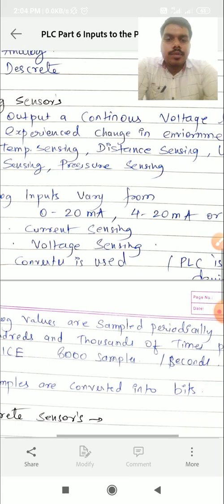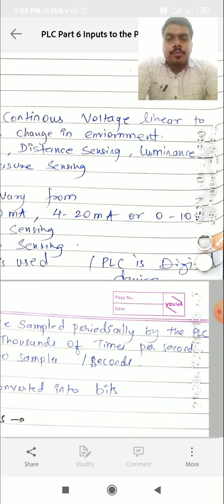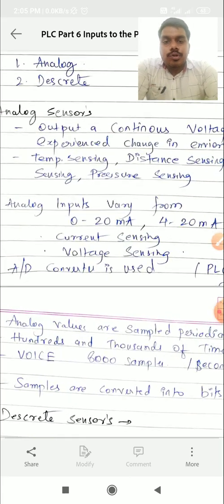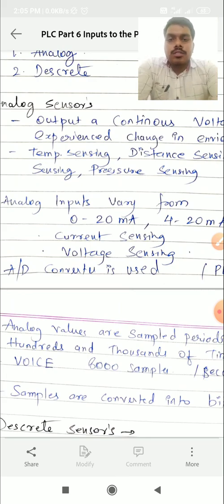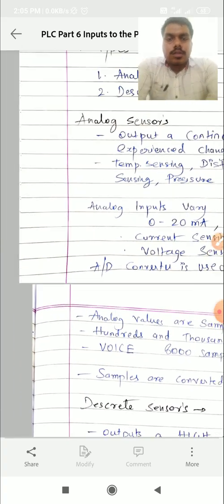In terms of voltage, it is 0 to 10 volts. In both terms, analog current and voltage can be given as input, which can be sensed by an analog sensor. So analog sensors are basically two types: current sensors and voltage sensors.